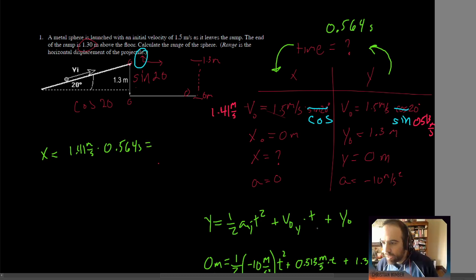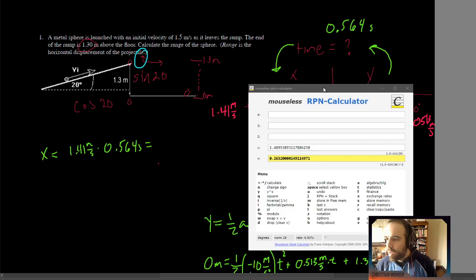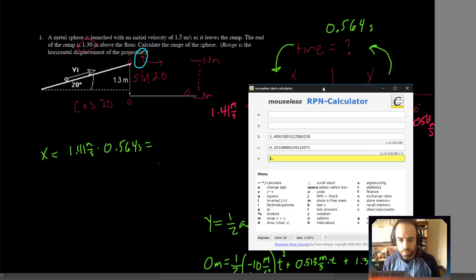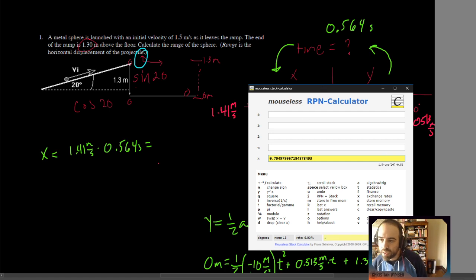So if I go back, turn on my calculator so you can see it again, actually here, let's drop this, 1.41, 0.564. I end up getting that it's going to land here at 0.794 meters.